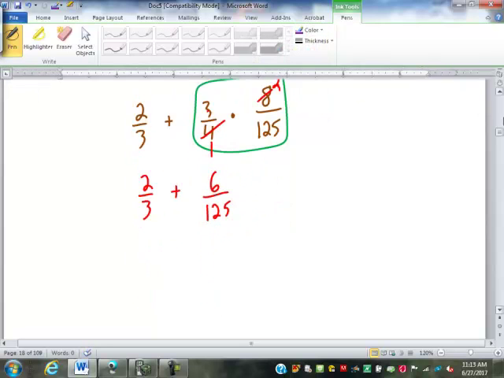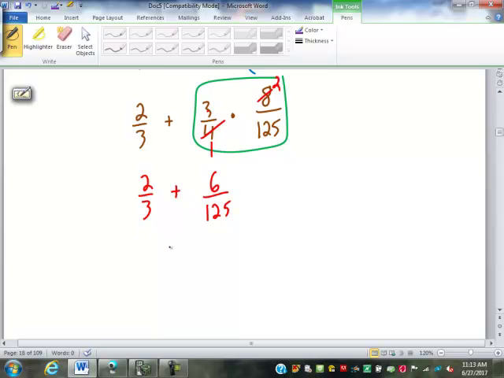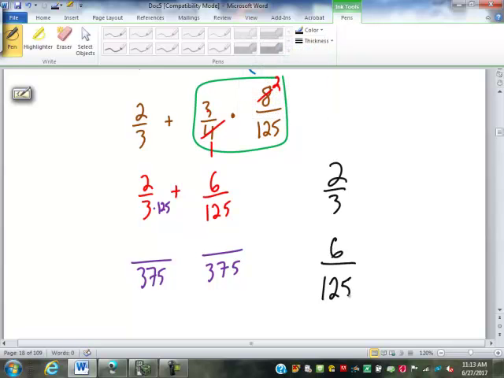Well, unfortunately, now I have to add. The least common denominator is 375. It was 3 times 125. I'm going to write this one out vertically. Three times 125 is 375. So 2 times 125 is 250. 125 times 3 is 375.